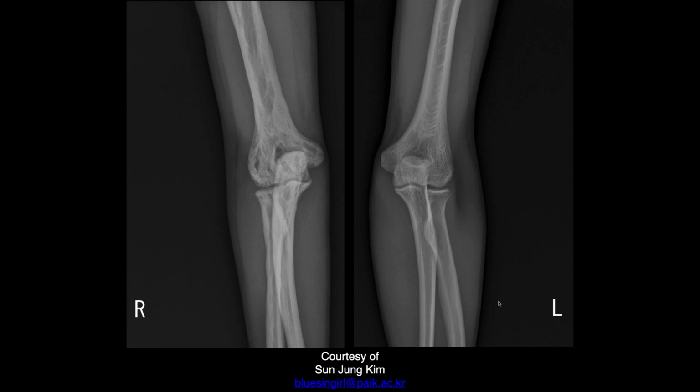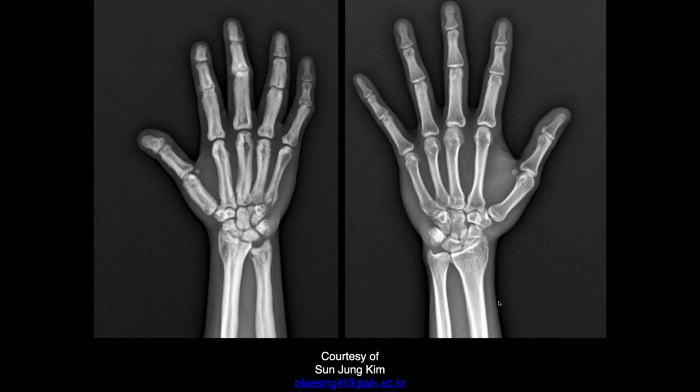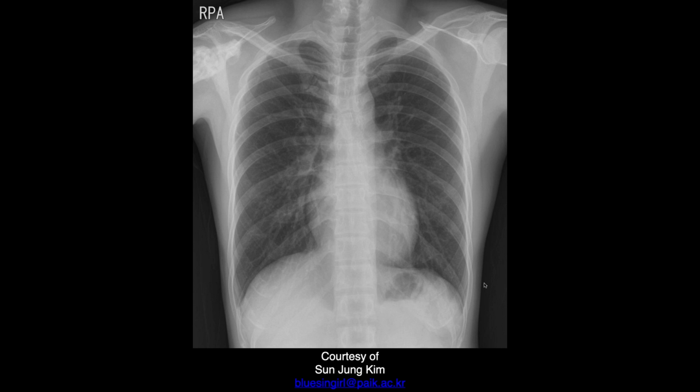In the knee, similar findings. Is it the same patient on the left, or are you just showing normal? Okay, so everything is limited to the right side as well.